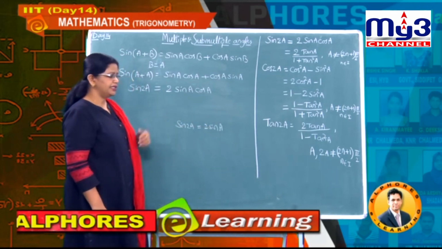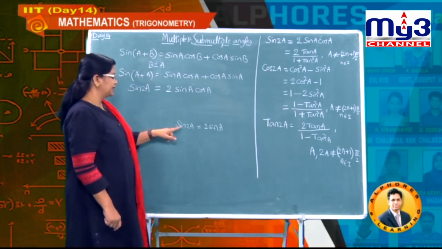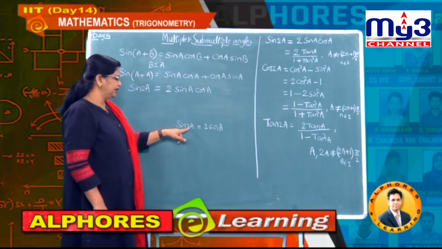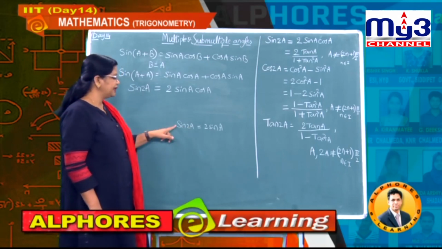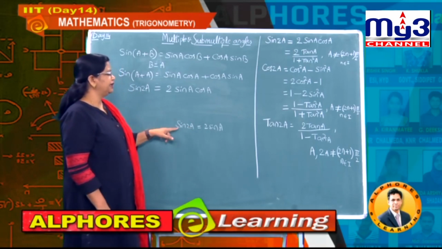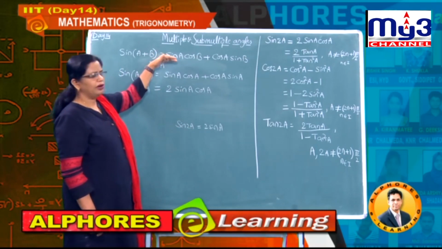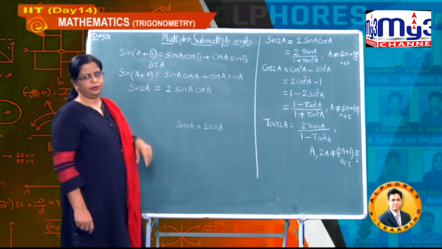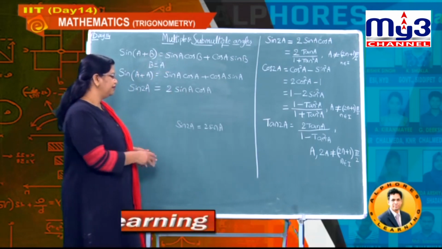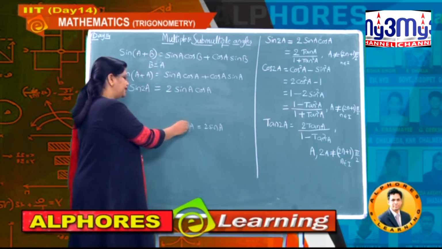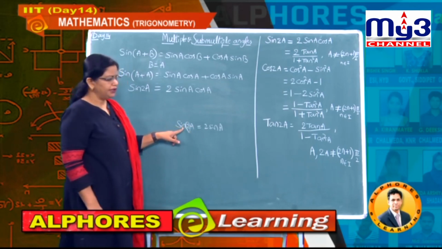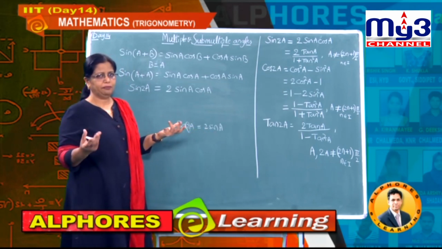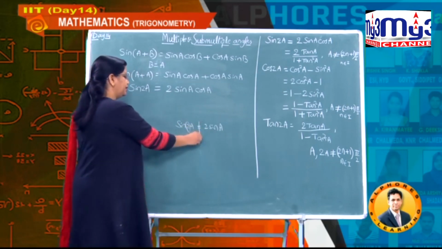Don't ask such silly questions, because sin is a function, and whenever it is a function you cannot take the 2 outside. This comes from the concept of compound angles, twice the angle, where we substituted b equal to a. So don't misunderstand that sin 2a is 2 sin a, because then where is that extra cos a? This is wrong, understand students.